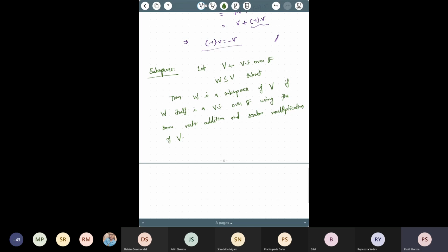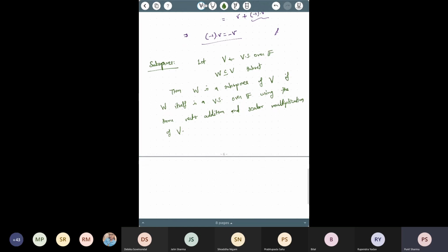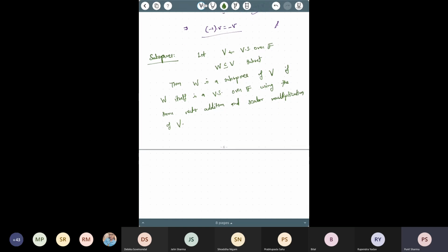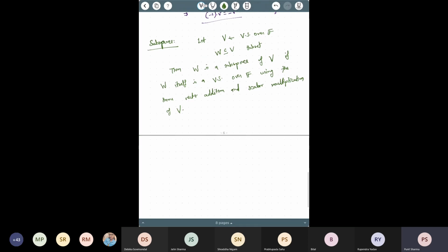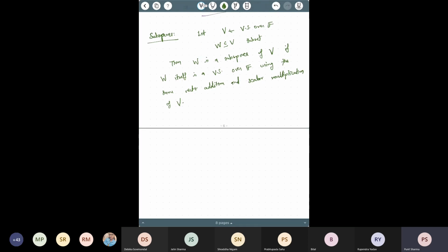W is a subspace of V if W itself is a vector space over F. Now if it is empty, then it won't be. Anyway, let's see some examples and then we'll discuss that.